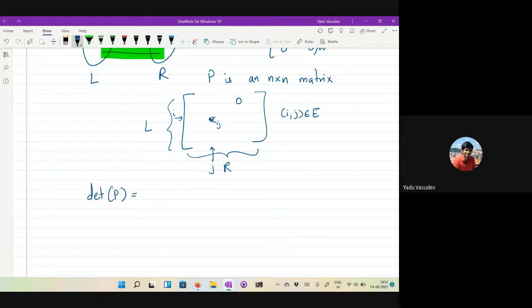How do you define the determinant? The determinant is obtained as follows. It's a summation over all permutations pi, or bijections. So S_n is the set of bijections from the set [n] to [n], or the set 1, 2 up till n.